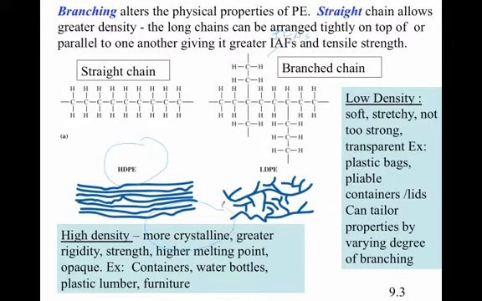It is less amorphous. You get greater rigidity, strength, and higher melting point. You see this in containers, water bottles, even something as hard as lumber and furniture. If you have these straight chains, you get more density, more close packing, and the amount of dispersion forces goes much, much higher.